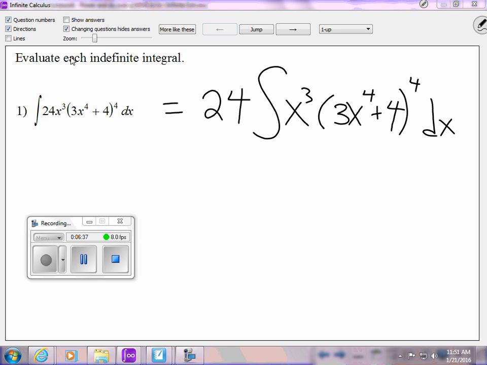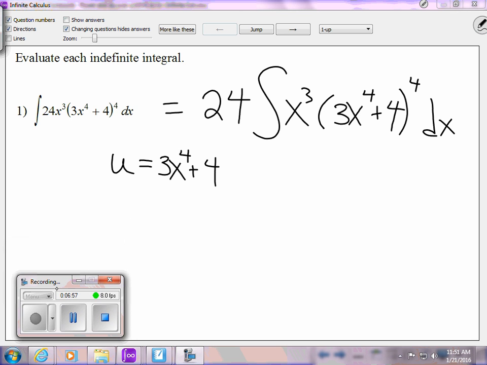Now you look at this and you ask yourself, what are you going to make u? What do you think? What's inside here, right? So we're going to let u equal 3x to the 4th plus 4. What do you got to get after you get u? Do you remember? du.